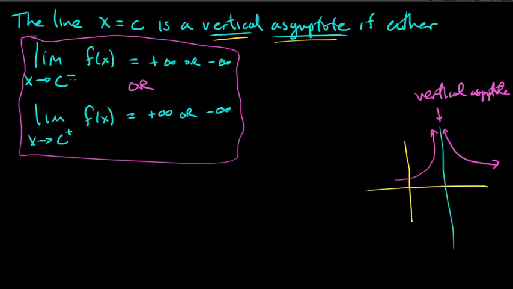So either the limit as x approaches c from the left of the function is positive infinity, or it could be negative infinity. Right? Or if you're coming from the right side and you get infinity or negative infinity, you get a vertical asymptote. Right? So this you can think of as the actual definition of a vertical asymptote.